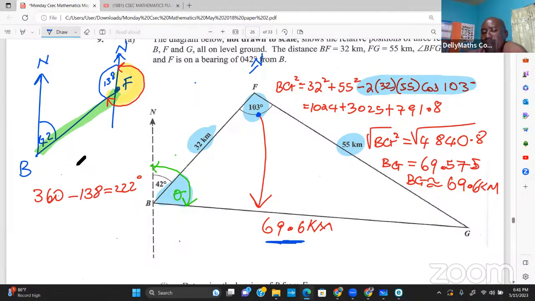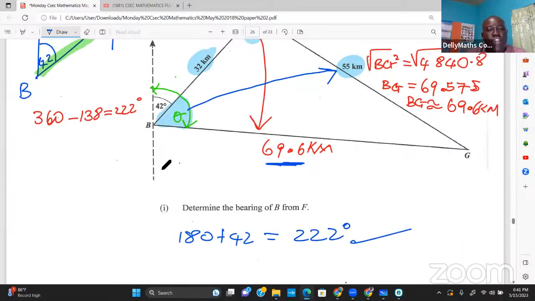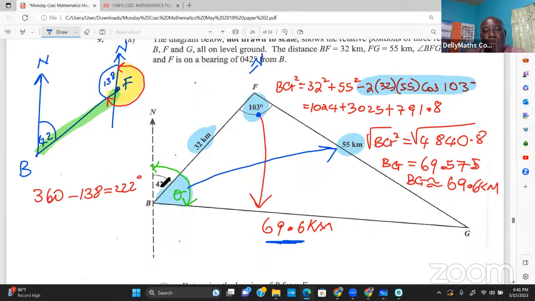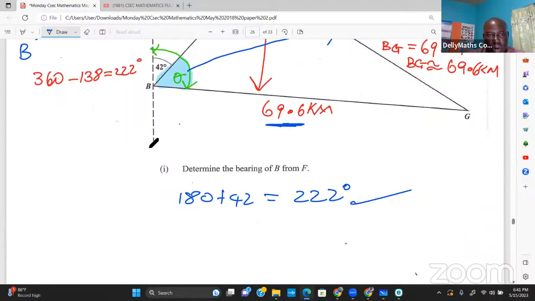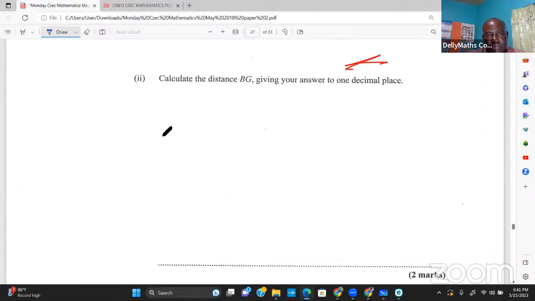The angle that I want to find, I have the side opposite to it. So we're going to employ A over sine A, B over sine B, and use that to guide us through it, right? A over sine A, B over sine of B. All right, let's go. I'm going to work it down there.